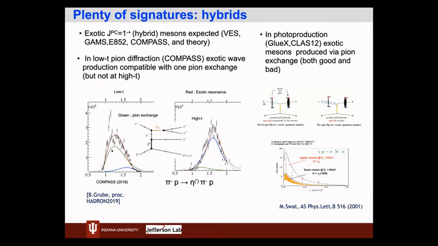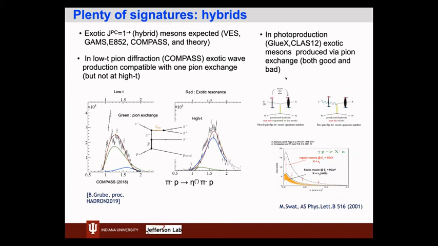The data does seem to be mainly dominated by the green line, which is essentially the effect of diffraction. So you see the peak is mainly dominated by that. However, if you move to high momentum transfer, it is known that this process decreases, and the presence of the peak now may indeed indicate that it's primarily dominated by the exotic meson produced directly.